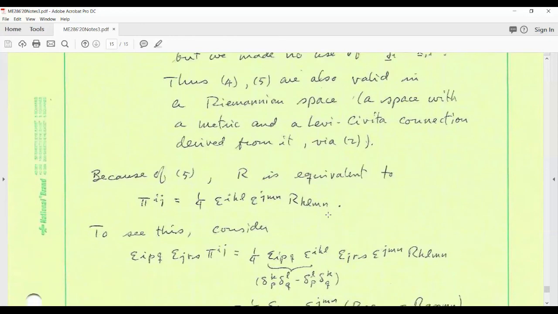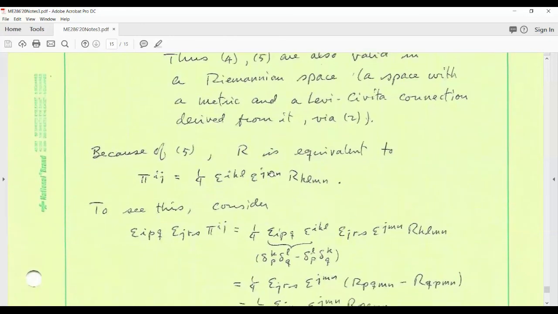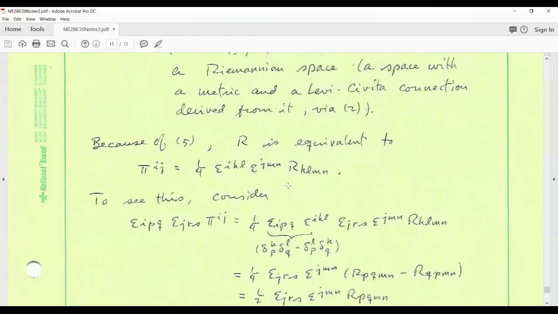So in fact, the Riemann tensor we have so far in our Riemannian space, and hence also in Euclidean space, is actually equivalent to a second order tensor defined in this way. I'll call it pi super ij, since I'm running out of alphabet.